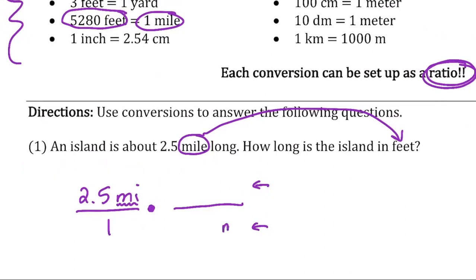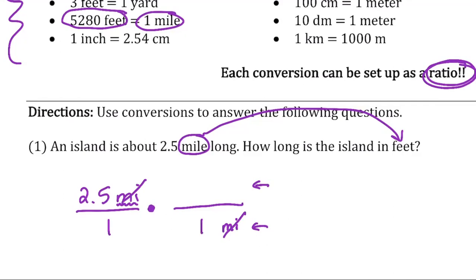So if I'm starting with miles, then miles have to be the unit that's going to go down below. The reason being is because if we have miles on top and miles on the bottom, it's going to cancel out that unit and it's going to leave me with the other one that's part of your conversion factor.